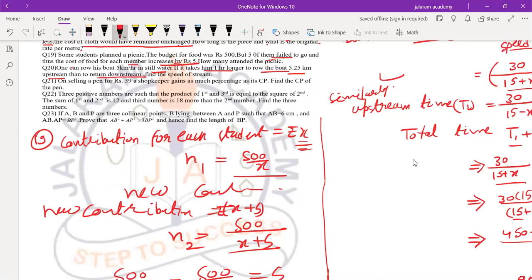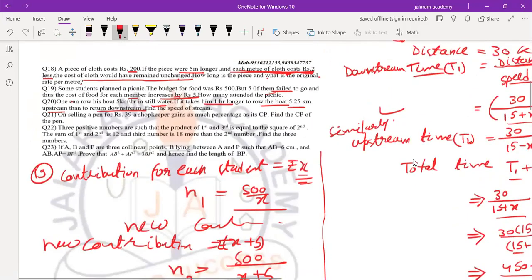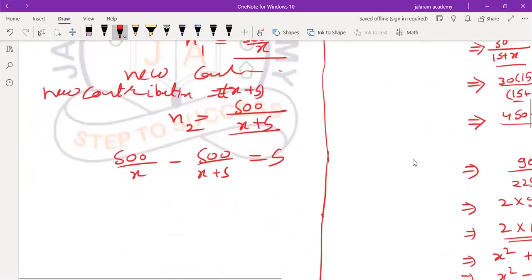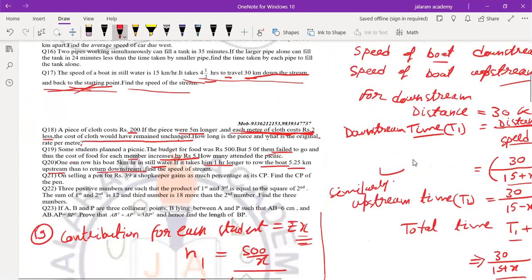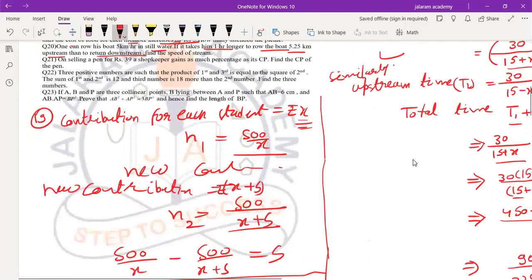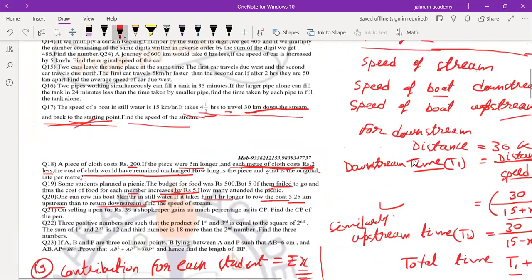So similar type of question as we have done in question number 17. Sorry, it is the question number 20. And it will also be done with the same method as we have used in question number 17.